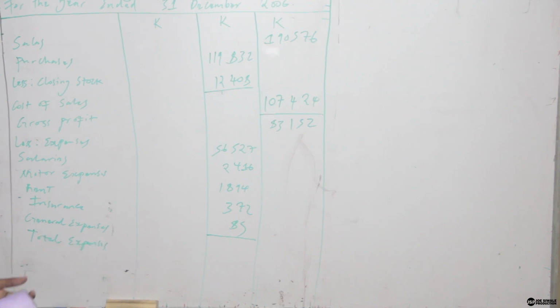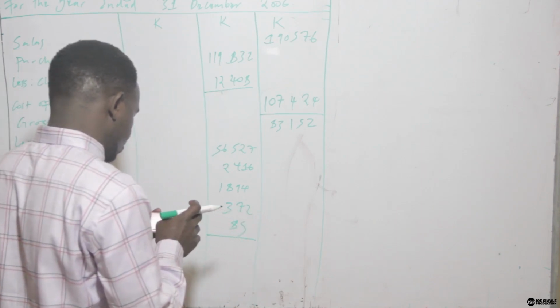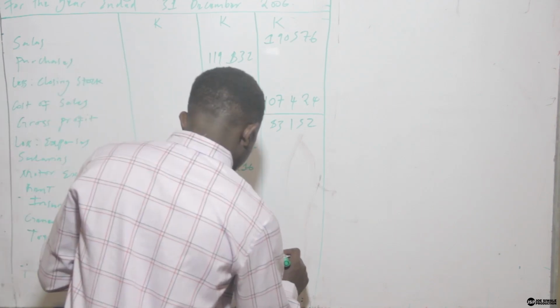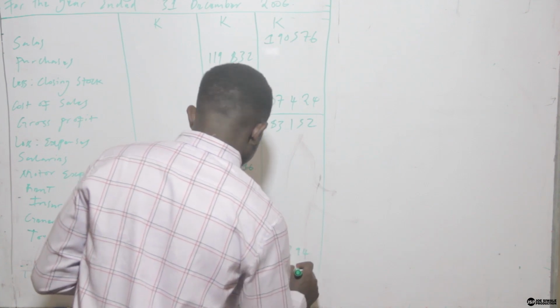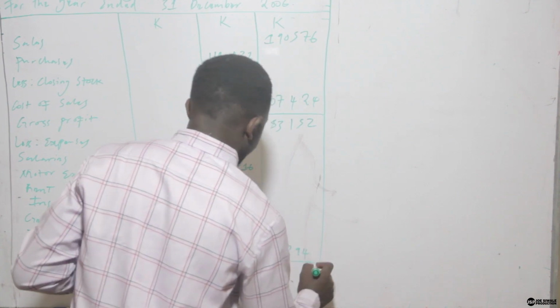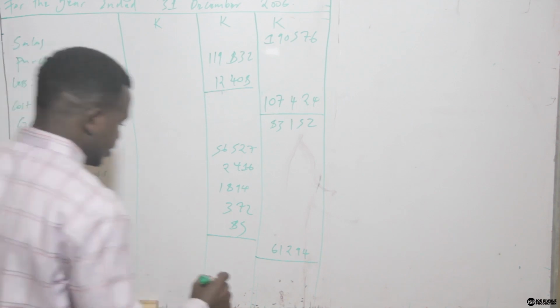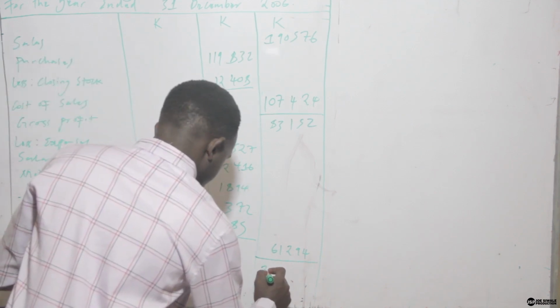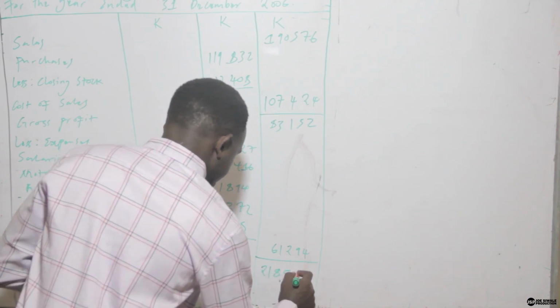And our total expenses there, we're going to have 61,294. That's going to be the total expenses. So we can find the difference between gross profit and total expenses. And when we find the difference there, we're going to have 21,858.